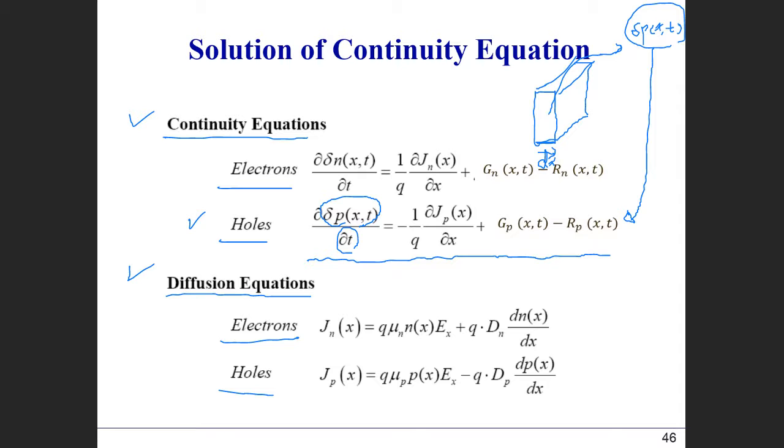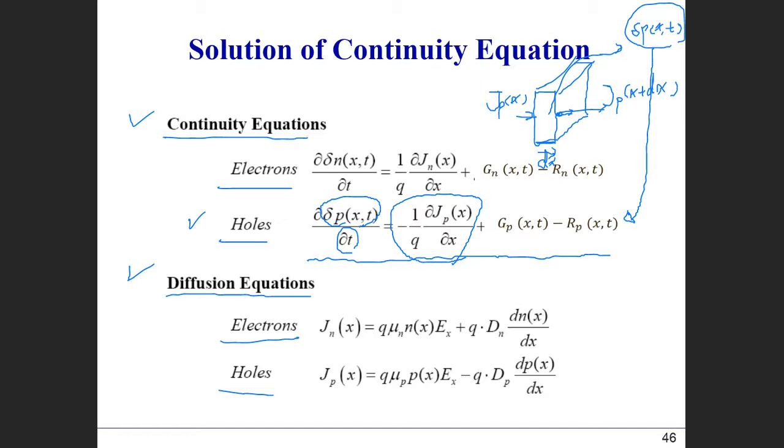Any hole concentration change comes first from the injection of current into the material, represented by the current J_p(x) here, and the current coming out here, J_p(x+dx).